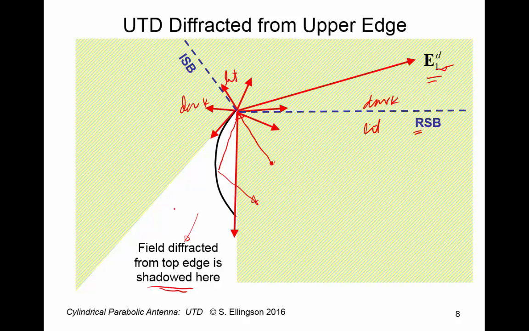So anything in this region is shadowed in terms of this particular mechanism, and instead should produce a spray of diffraction which goes off in this direction. Now, we're not going to consider that. And it's going to turn out to be a reasonable thing to do because this turns out to be a relatively weak mechanism. But it is there at some level, and in a more complete solution than what we're going to do here, you might need to include these contributions.